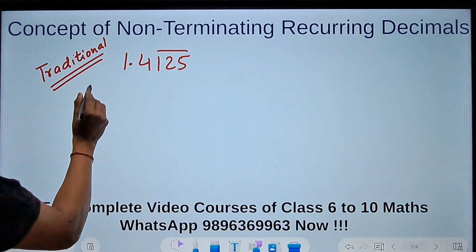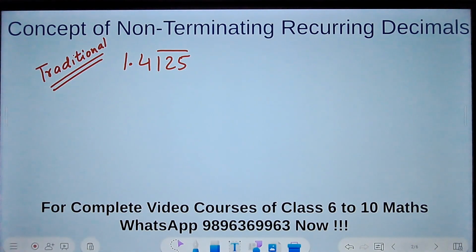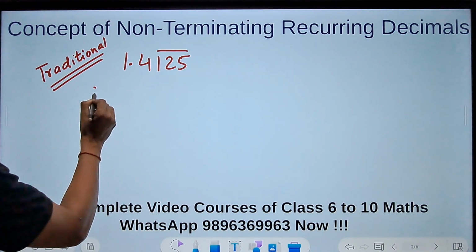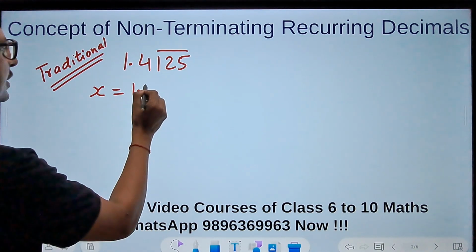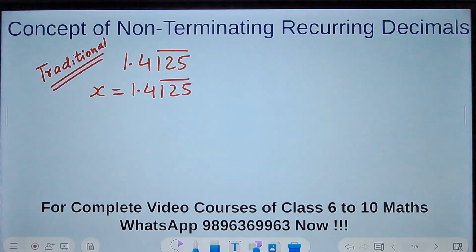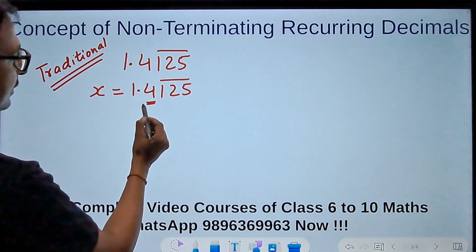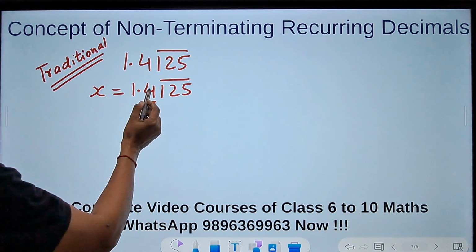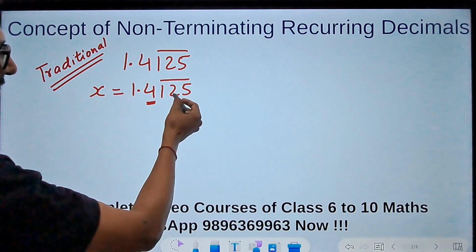So normally when students have to express a non-terminating recurring decimal in the form of P upon Q or in the form of a rational number, then they assume the question to be X, and then they just check how many digits after decimal do not contain a bar. That means they are not repeating itself. So 4 is not repeating, right? Only 1 to 5, 1 to 5, 1 to 5 is repeating.